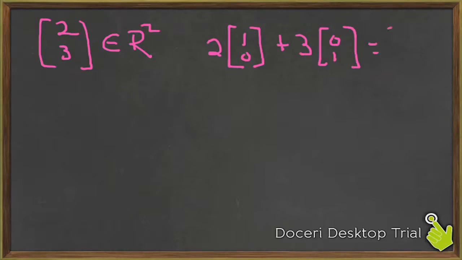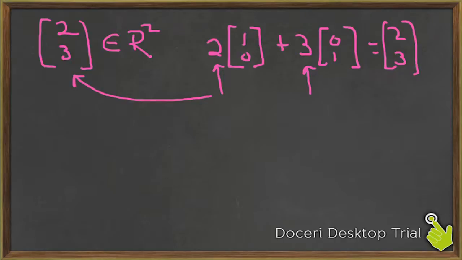And this is how we get that vector 2, 3. And so those coefficients of the standard basis, that's how we write the actual vector 2, 3, and those coefficients are called coordinates.